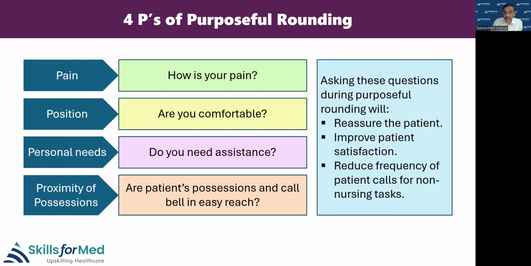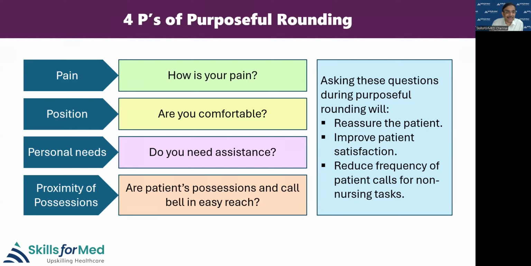It will first of all reassure the patient that you're coming on a regular basis and asking about their well-being rather than them calling you, improving the patient satisfaction, and reducing the frequency of patient calls for non-nursing tasks. So that is the whole purpose of this purposeful rounding.